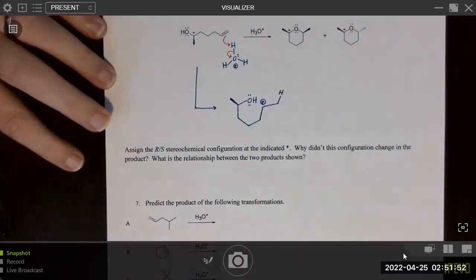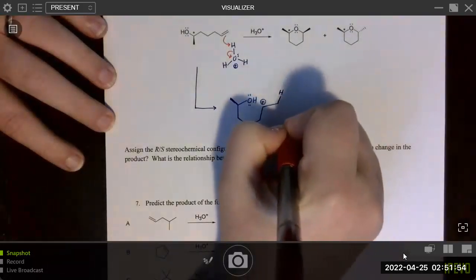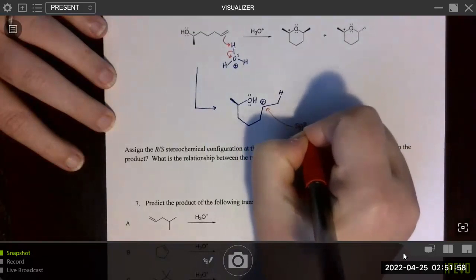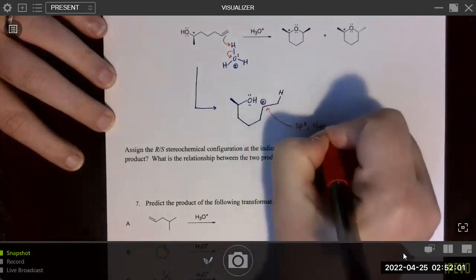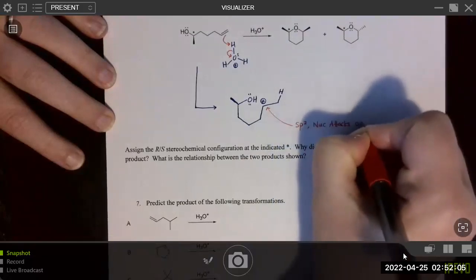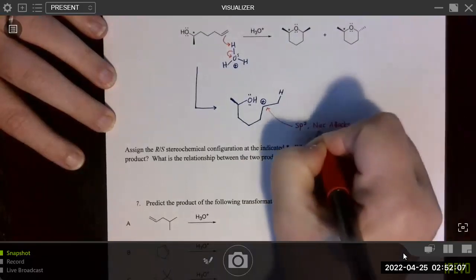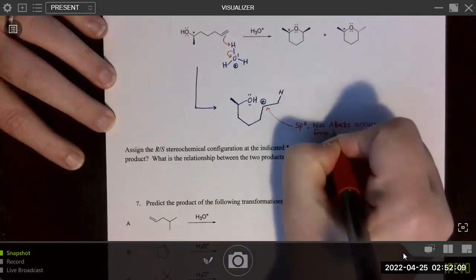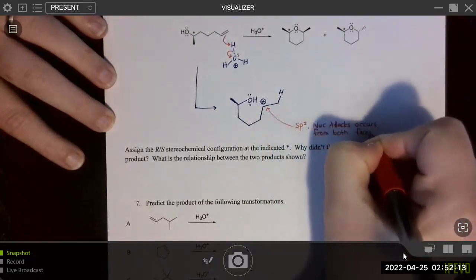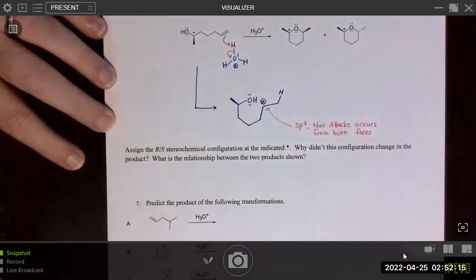Remember that this carbon is sp2. And the nucleophilic attack occurs from both bases, which is what's leading to the two different stereocenters being formed.